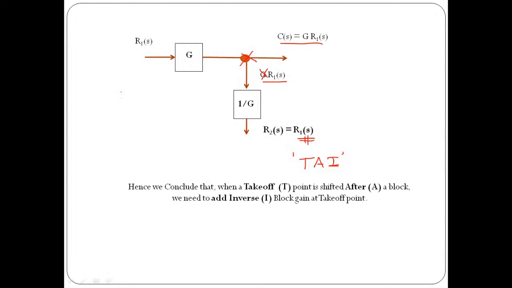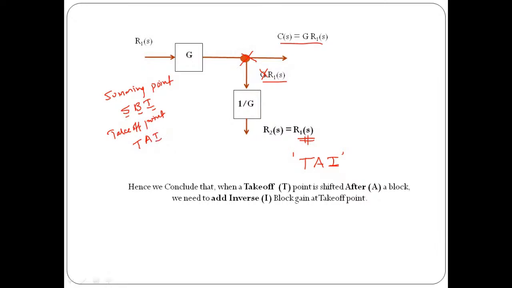So in case of summing point, we have the rule SBI. That means whenever a summing point is shifted before a block, we need to add inverse block gain. In the same way, in case of takeoff point, we have another rule, that is TAI.